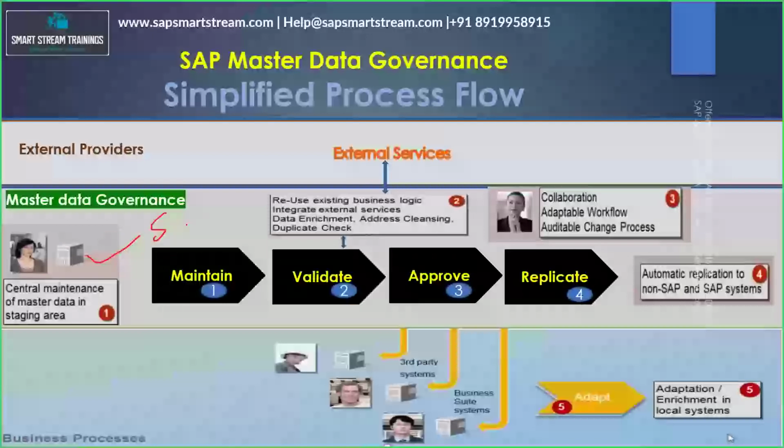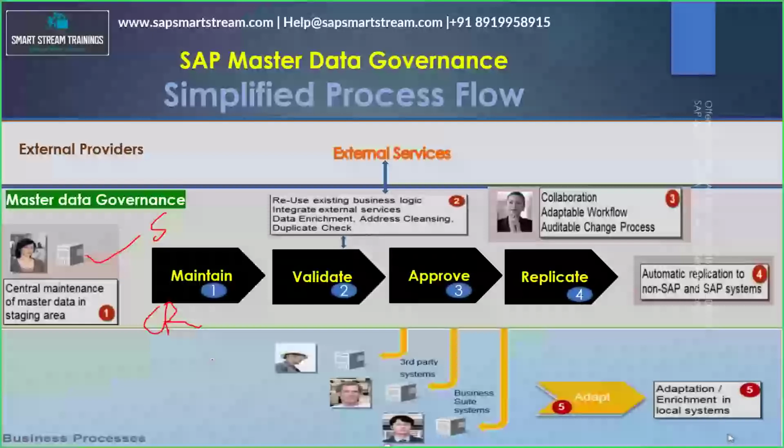Then click on submit. What happened? Immediately one change request got created. Correct? The change request data, where is it stored? In the MDG system, in the staging area, not the starting area.